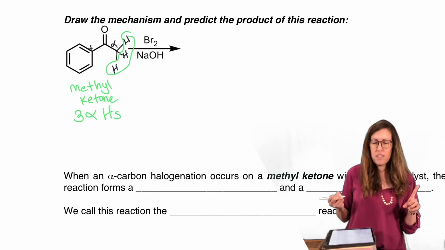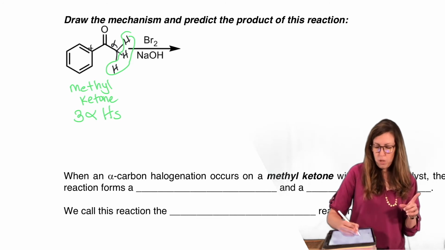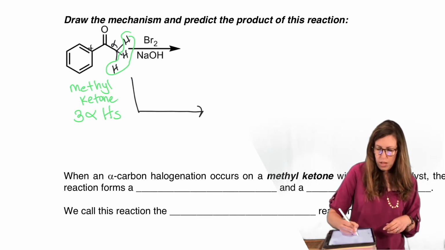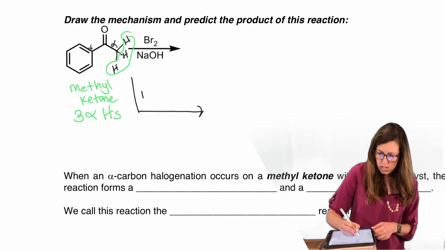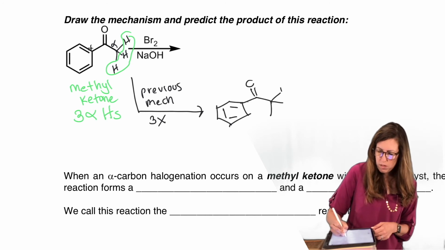When that happens, we replace all H's with bromines. So we do that previous mechanism 3 times. So bromine, bromine, bromine.